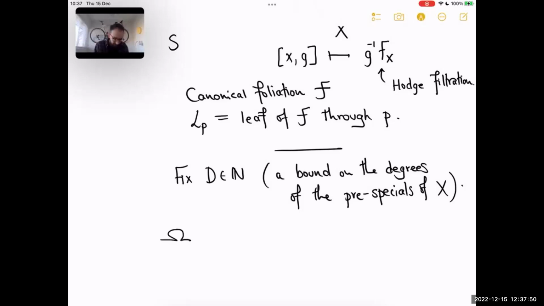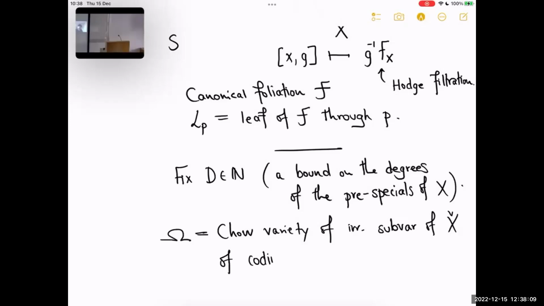And then I want to look at a Chow variety, let's call it Omega, which is parameterizing irreducible subvarieties of X check that have, for varying k, codimension at most k and degree at most D^(k+1).